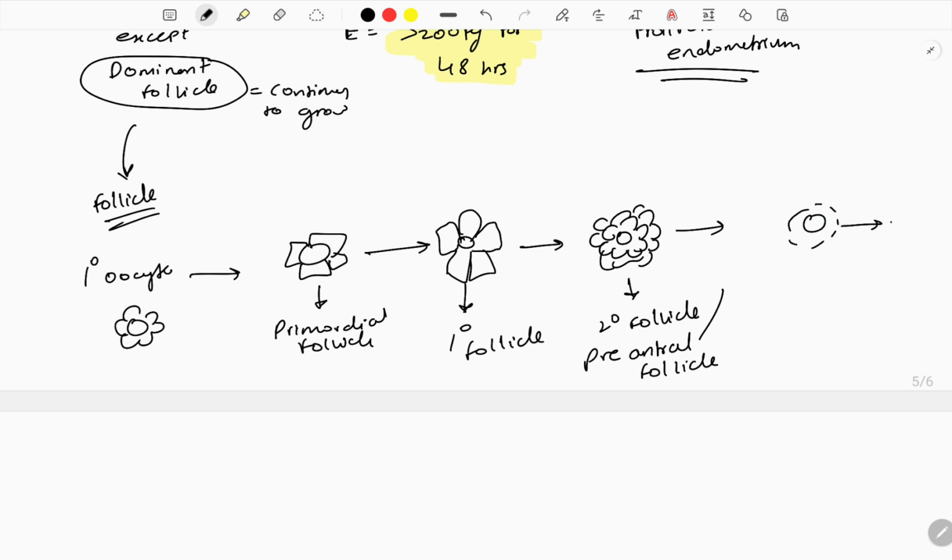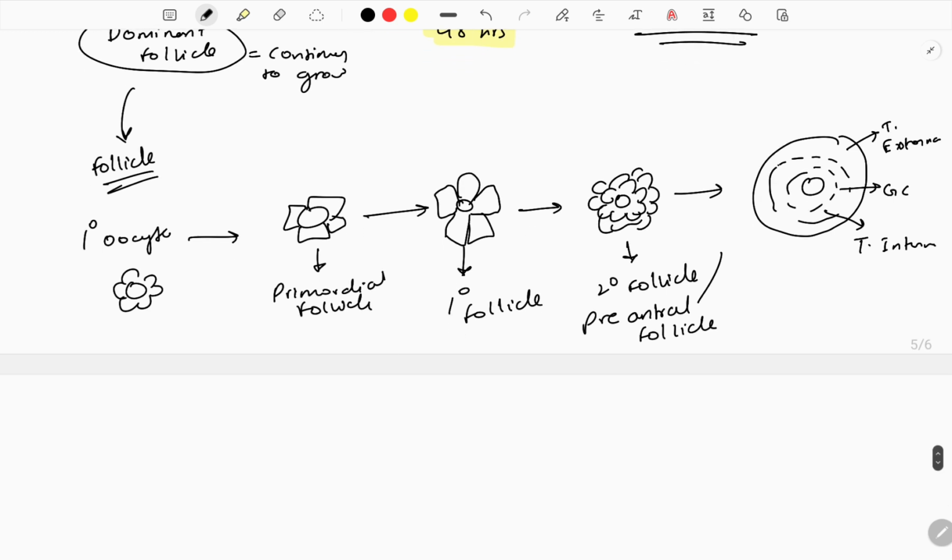It has granulosa cells. It has theca interna. It has theca externa. This is antral follicle.